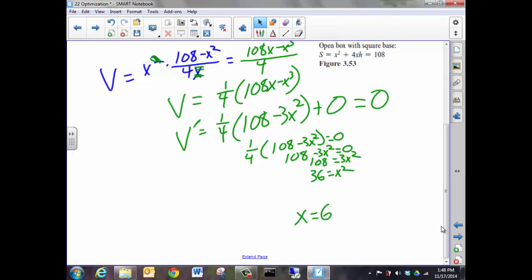Actually, we get plus and minus 6, but we can throw out the minus just like we could before. So that's what X is, and you're smart enough to go back and figure out what H is, I'm sure?